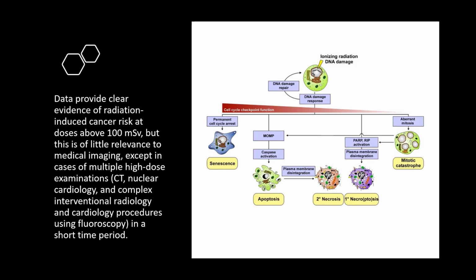How many patients actually receive more than 100 millisieverts of ionizing radiation in an acute dose or within a very short period of time during medical imaging? Occupational workers practice radiation safety and have protective equipment that they wear during the exam.